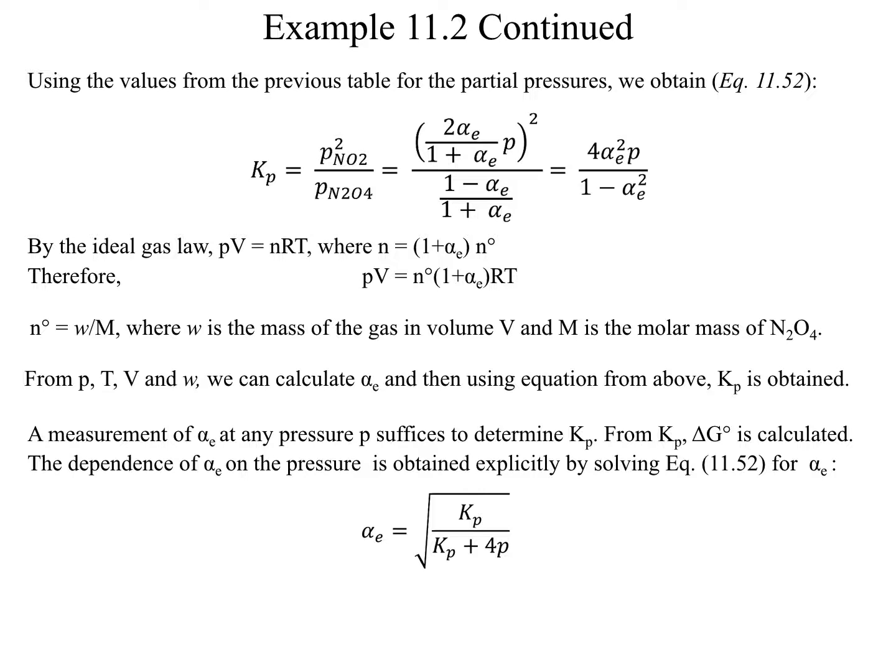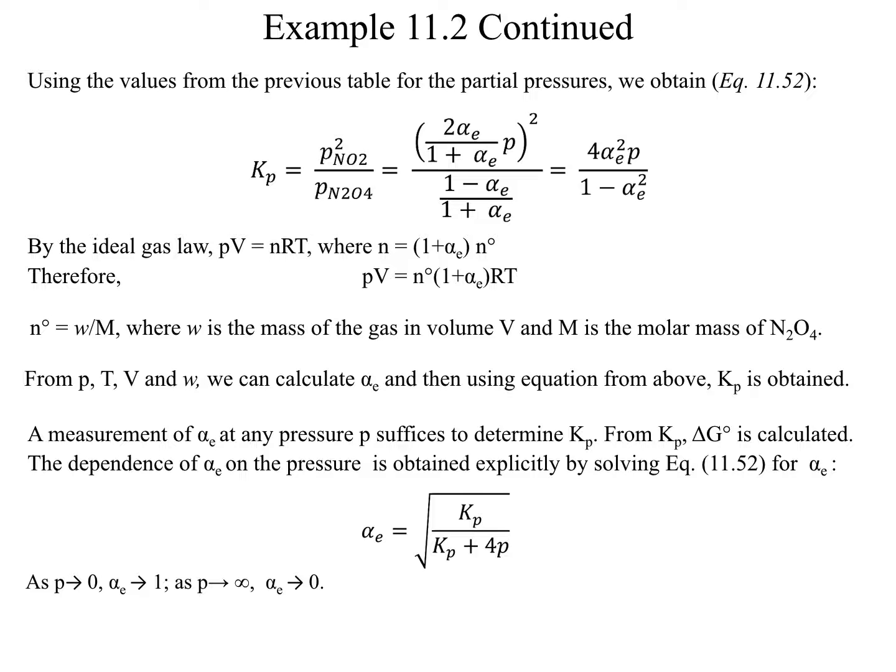Go back and look at 11.52, which demonstrates that the degree of dissociation and Kp are related through the total pressure of the system P. A very nice thing about this expression is that as pressure goes to 0, the denominator becomes Kp. The numerator and denominator are exactly the same and cancel, the square root of 1 is 1, so alpha is 1. The degree of dissociation is 1, meaning there is complete dissociation of the system as the pressure drops to 0.